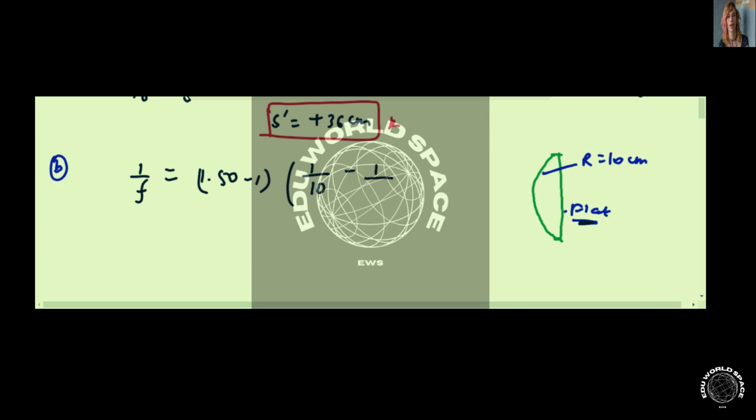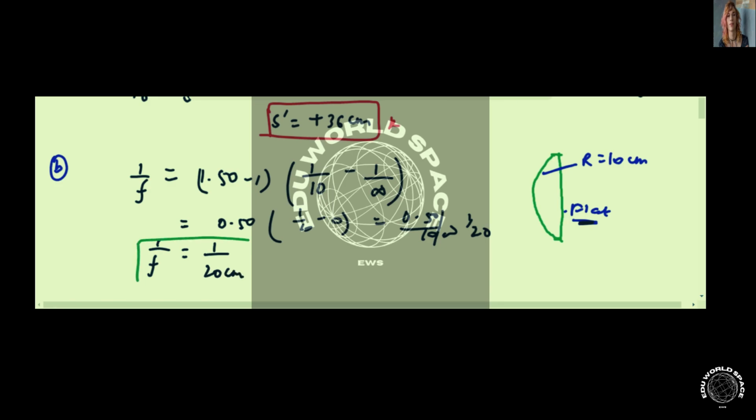Since this surface is flat, any flat surface has a radius of curvature of infinity. So 1 by f is 0.50 times 1 by 10 minus 0, because 1 by infinity is 0. So this is 0.50 by 10, which is 1 by 20 centimeters. This is the value of the focal length.